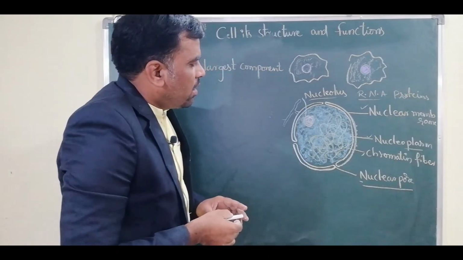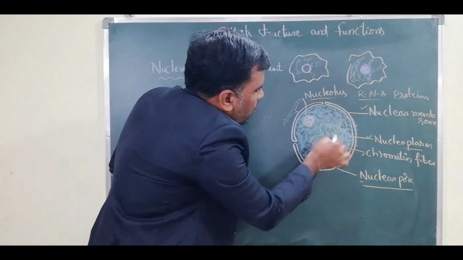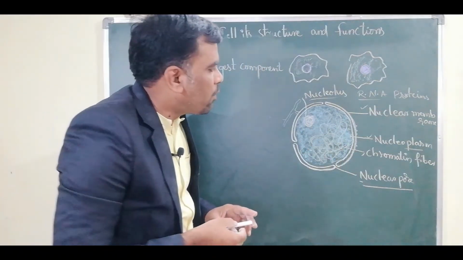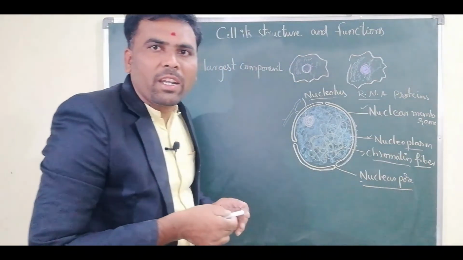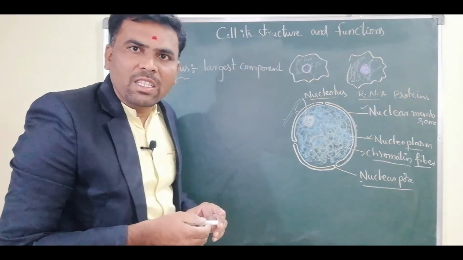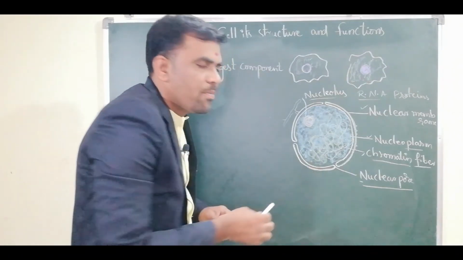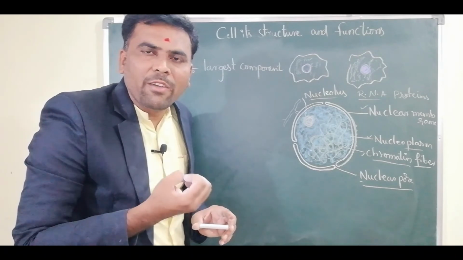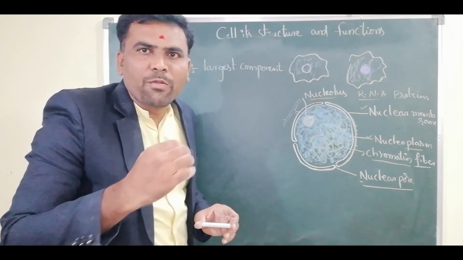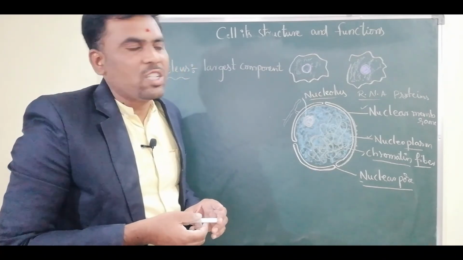Also, we can see interwoven thread-like structures called chromatin fibers. During cell division, these chromatin fibers are converted into chromosomes. These chromosomes carry genetic information which is passed from one generation to another.